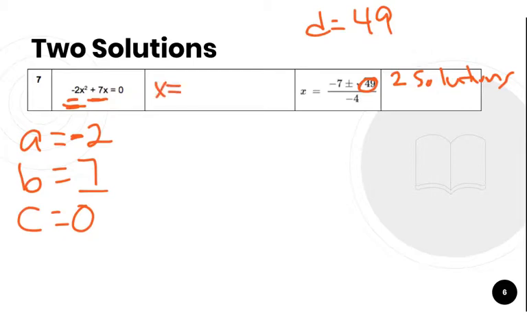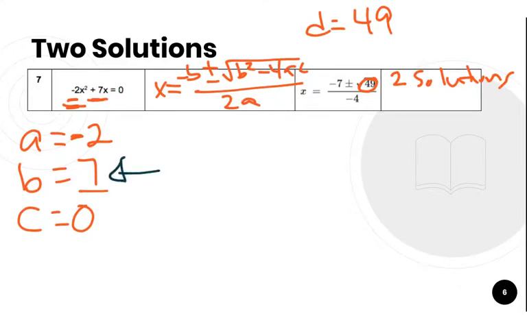All right. So now I have negative b plus or minus, over 2a. So every time I see a b, I'm going to replace it with a 7. And that's b squared.